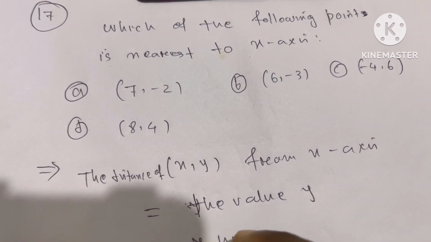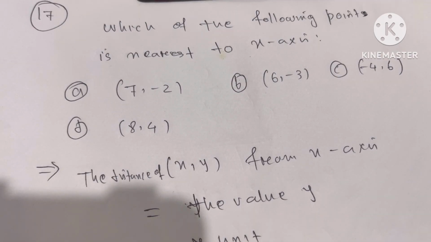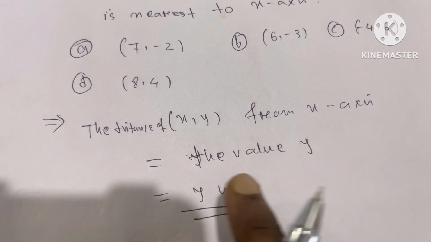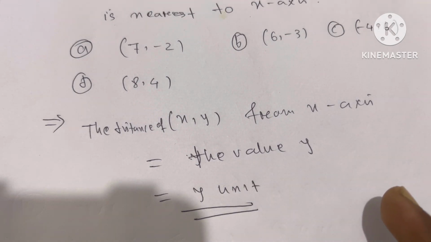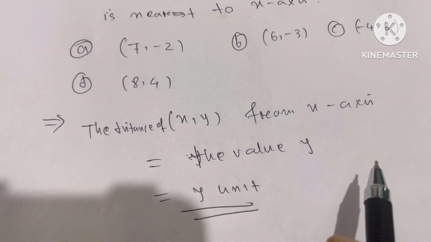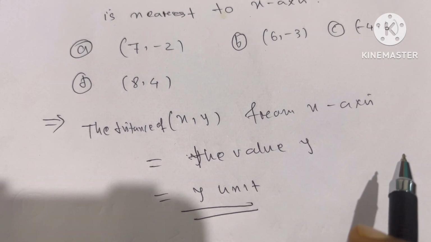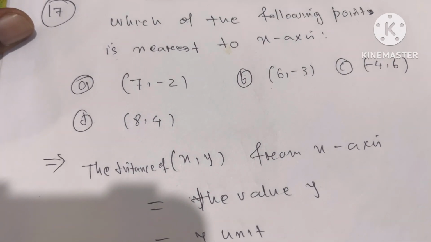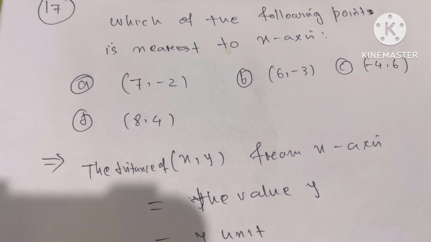That means y units, but always you take the positive one. The distance of x comma y from x-axis is equal to the value of y. If y is negative, we will consider it as positive. Already we discussed, right? So I need to find the minimum distance. Which point has a minimum distance from x-axis?